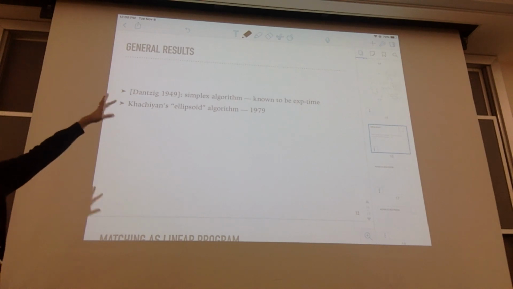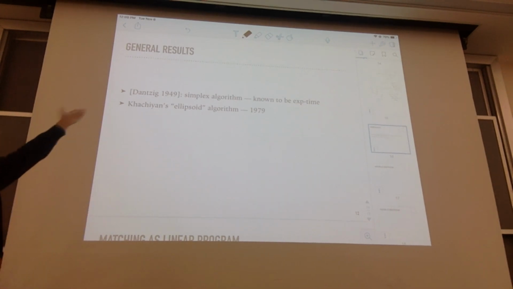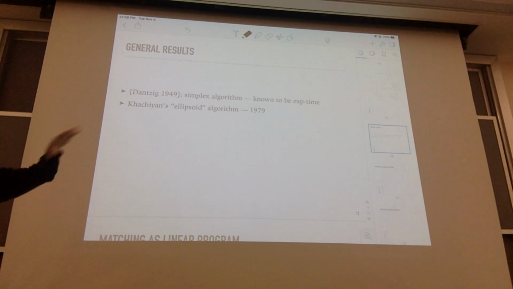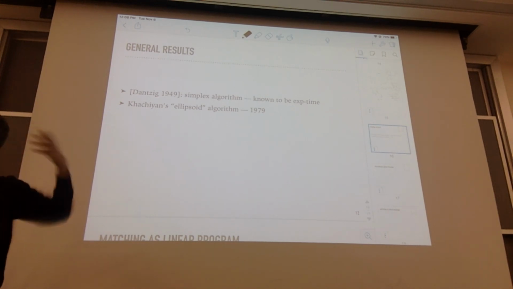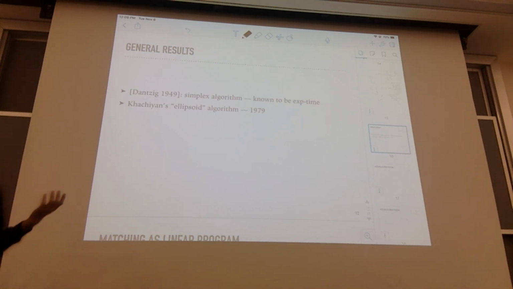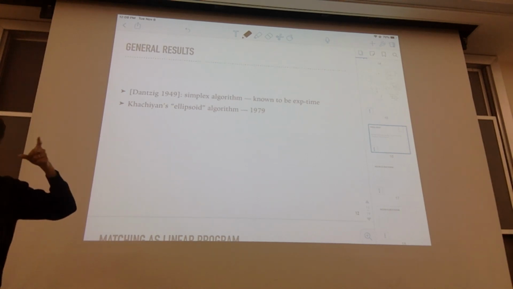This is called the Simplex Algorithm, and it was one of the early algorithms proposed by Dantzig in '49. It's known to be exponential time. For a long time, there was a very big open question: can linear programming actually be solved in polynomial time? And there was a breakthrough by Khachiyan, who was from the former Soviet Union.